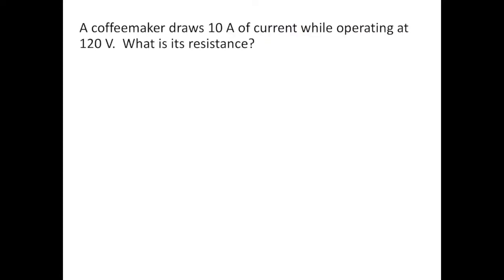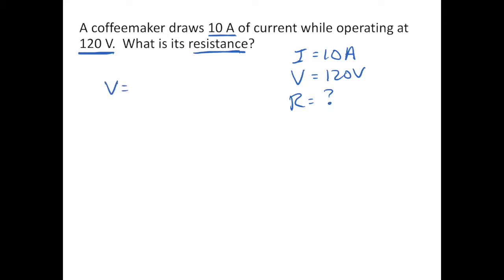Great. Another problem. A coffee maker, oh, I love my coffee. Coffee maker draws 10 amps of current while operating at 120 volts. What is its resistance? So I equals 10 amps, V equals 120 volts, and R equals question mark. All right, so this again is coming from our equation, V equals IR.